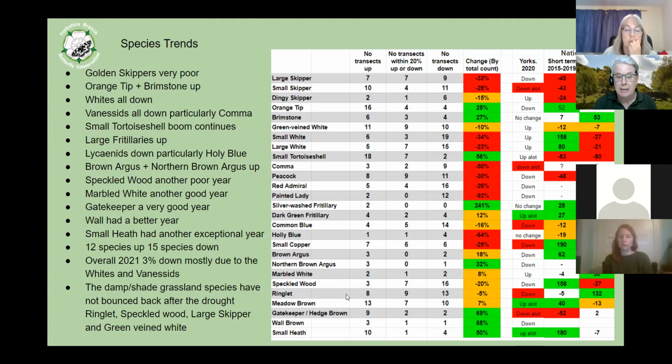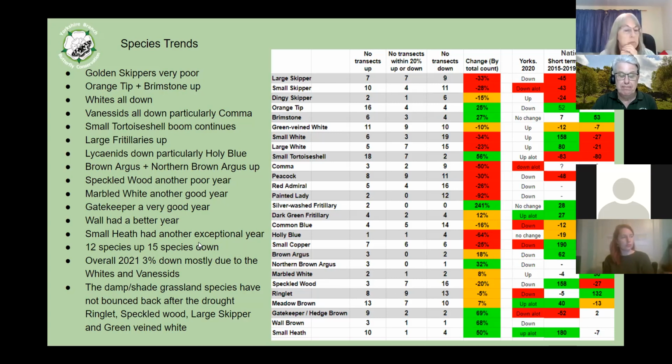In contrast, the meadow browns and the gatekeepers and the small heath, particularly the small heath, have had good years. And you would say small heath in particular has had a series of really quite good years. It's definitely on the up.